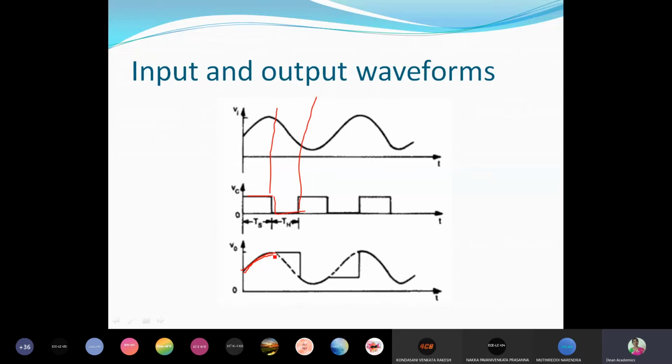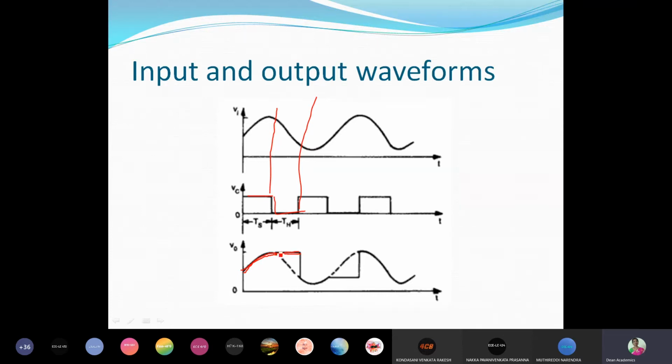Now the capacitor cannot discharge, right? This is the input waveform shown in dotted line. The input voltage is going down, but the capacitor voltage remains the same because across the capacitor there is an open circuit. Otherwise, at the capacitor we have the emitter follower, which has high input impedance.